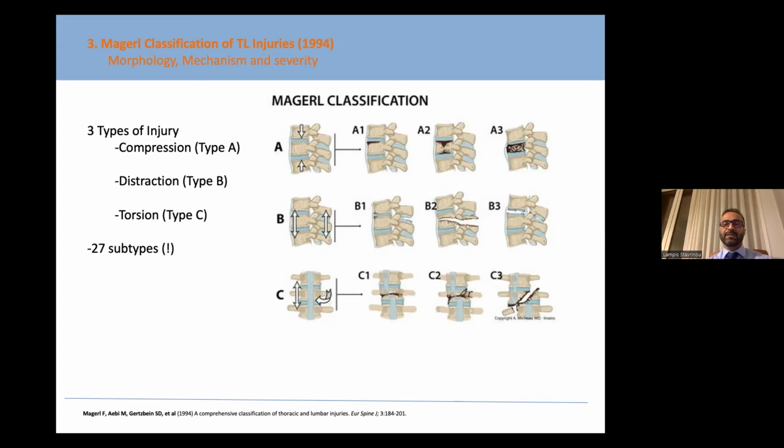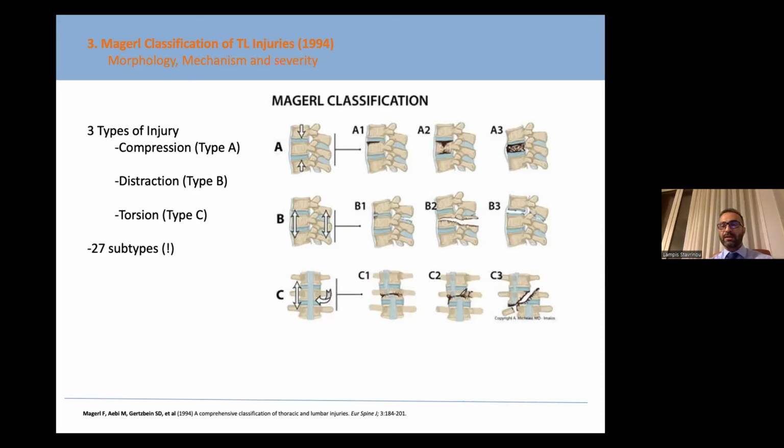The types of fracture here are divided into 3 major categories: A, B, and C. A being the compression type. Again, here we have 3 subdivisions: the superior end plates, split, and burst. And then we have the destruction fracture, where the Chance fractures or seatbelt fractures are included.